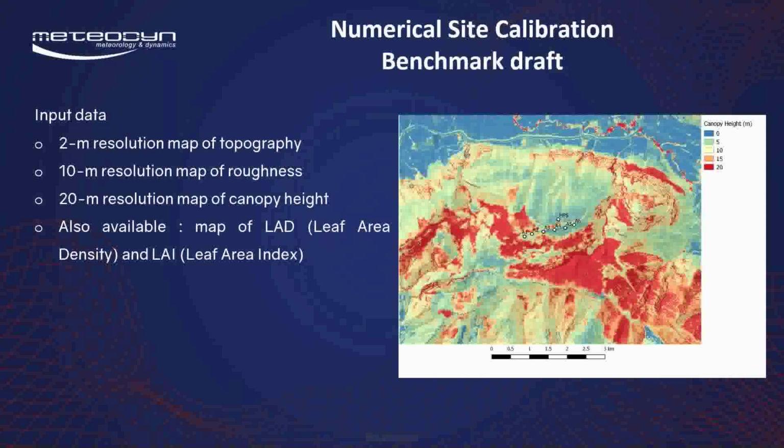And also there is other data available. This is leaf area density. So it defines the density of the canopy, and also leaf area index. So some models use this data. And as you can see, there is very useful information to set up the model.